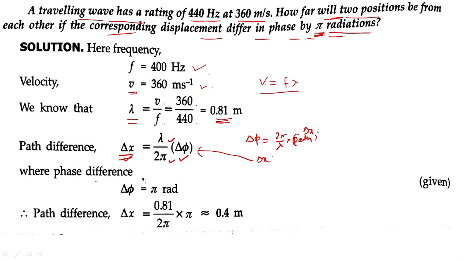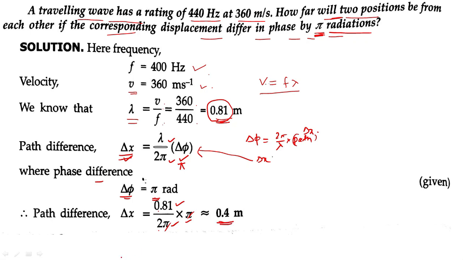The phase difference delta phi equals pi radian, that is given. So put here pi radian and lambda already obtained, 0.81 meter: 0.81 by 2 pi into pi, pi cancels, so 0.81 by 2, which is approximately 0.4 meter. So this is the path difference.